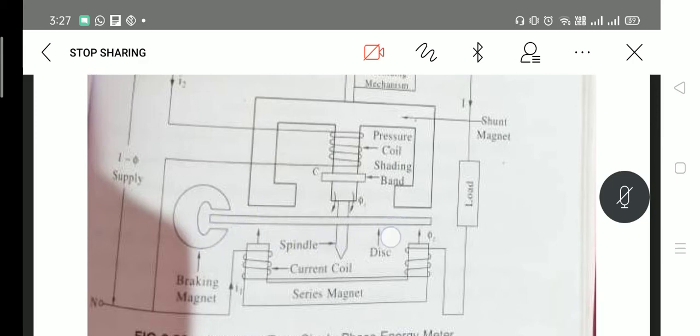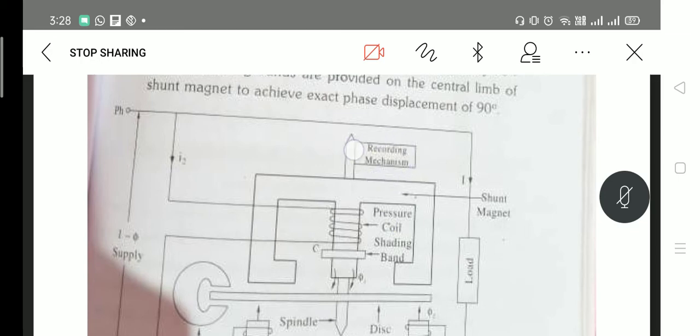By using this permanent magnet, we can control the aluminum disc speed, and whatever revolutions the aluminum disc makes will all be registered in the registering system.